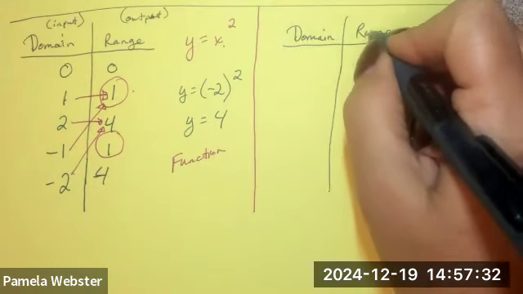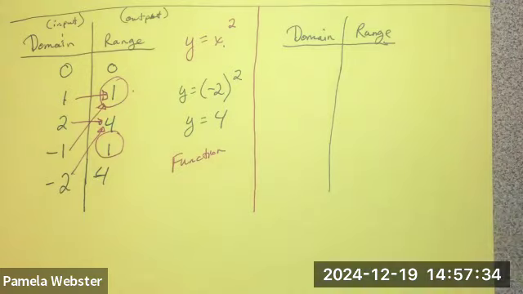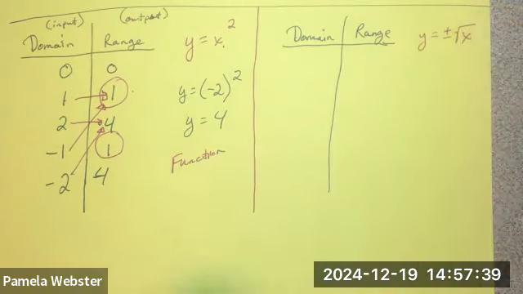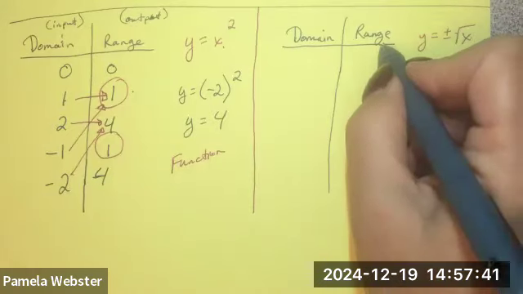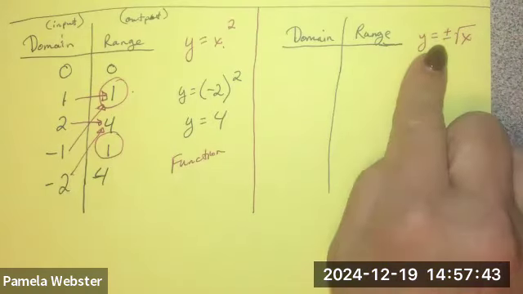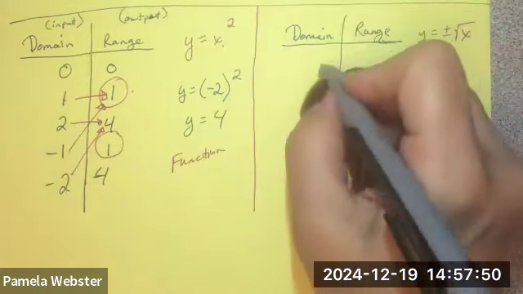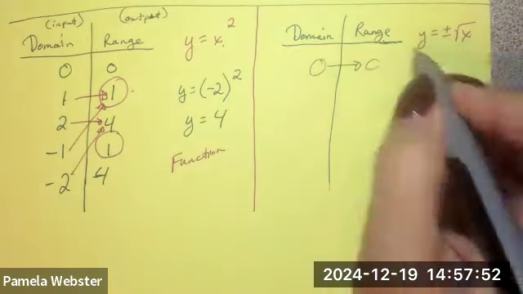And now I'll say, okay, how about y equals plus or minus the square root of x? So if you're not aware, every time we do a square root, when we put the square root in there, we put a plus or minus, right? So again, if I started with 0, well, 0 would be fine. 0 just goes to 0.